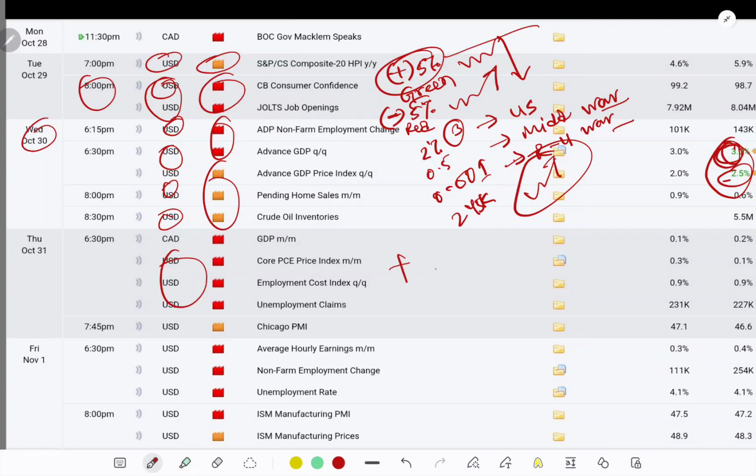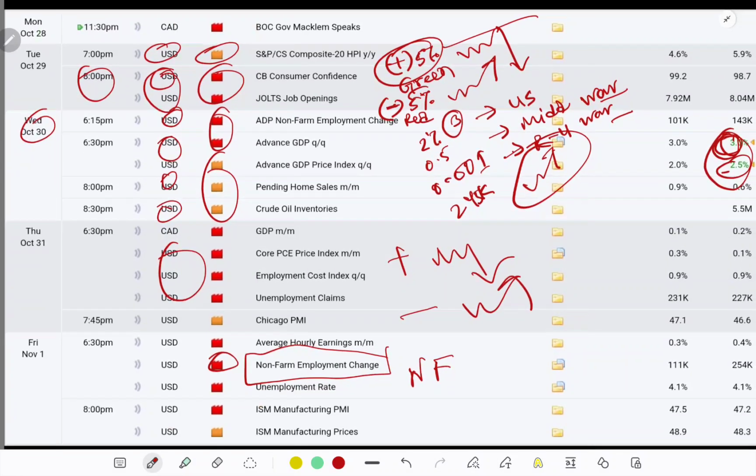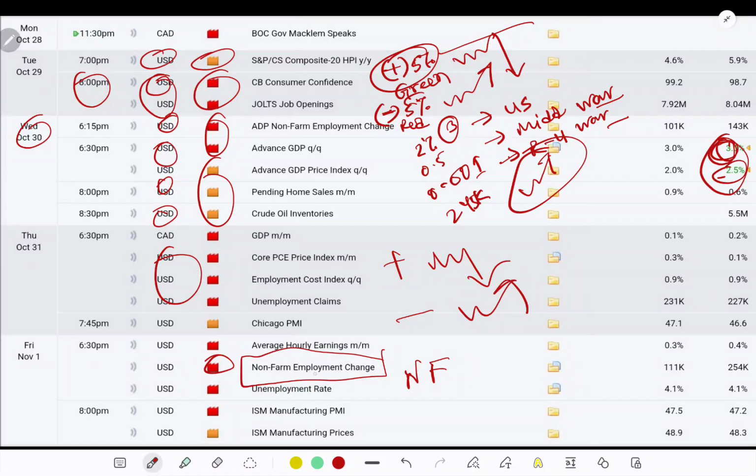And the most powerful news is non-farm employment change, NFP. If data comes with a positive value, we will sell gold. If with a negative value, we will buy gold. This is the simple thing.